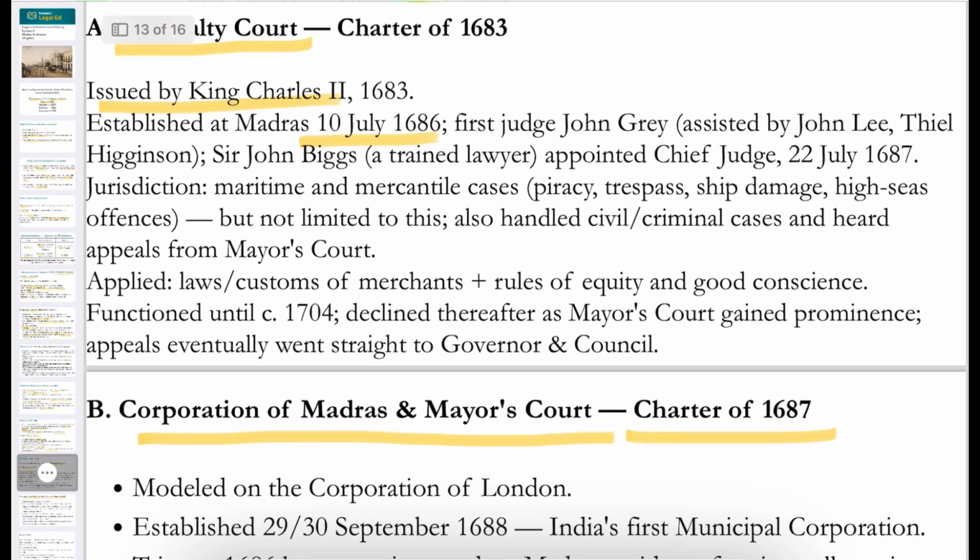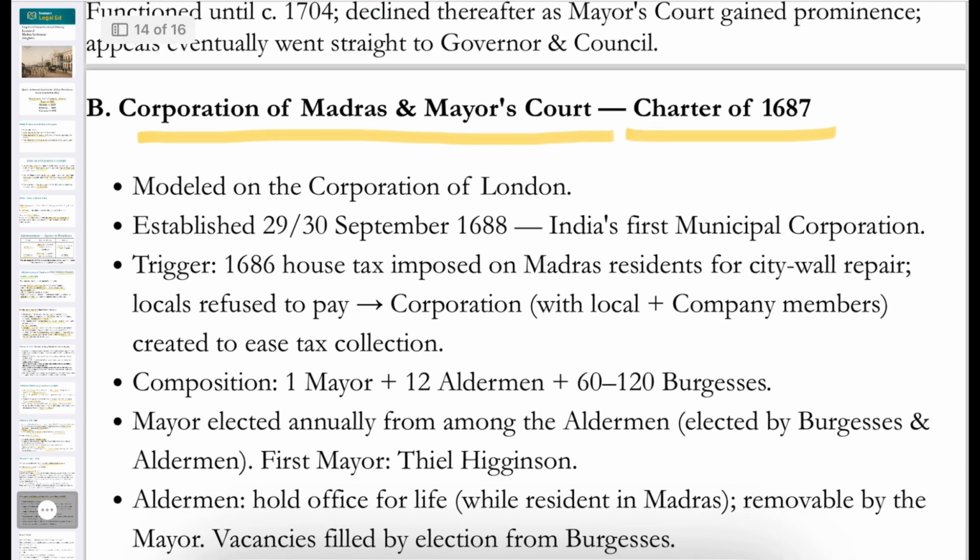All right. Then the Charter of 1687. This is quite important because later on we see that the mayor's court becomes very important. This was modeled directly on the Corporation of London and its mayor's court. This created India's first municipal corporation.